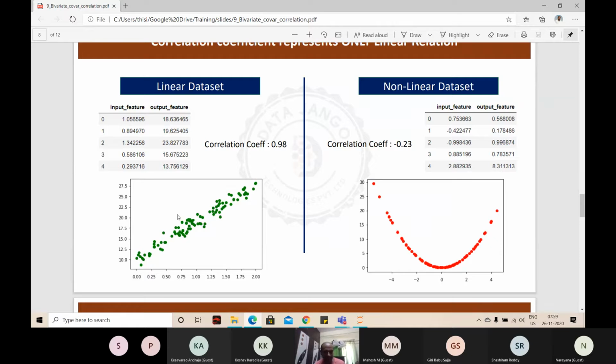Okay, by looking at this green one and red one, which one has got a relationship between x and y? Linear data set. The green one has got a relation and the red one is not having a relationship. That's what you think, right? Yes. Anybody else has any comments?